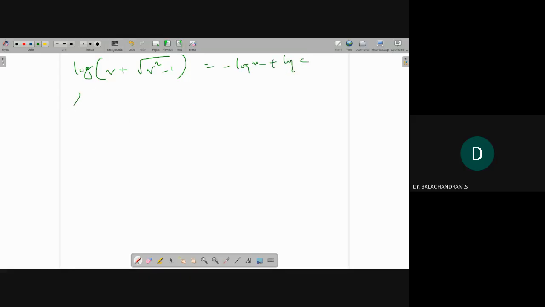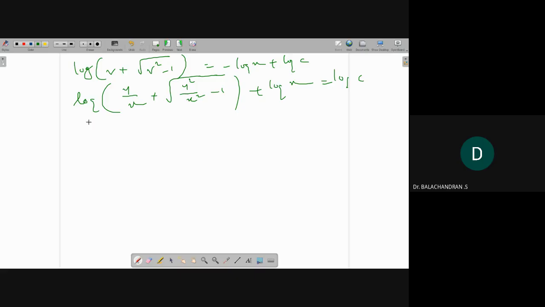So same procedure: log of y by x plus root of y square divided by x square minus 1 plus log x equal to log c.